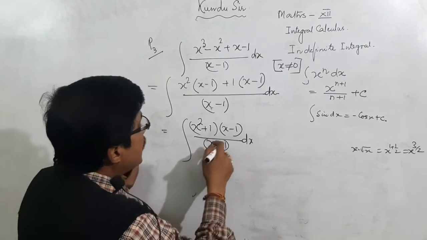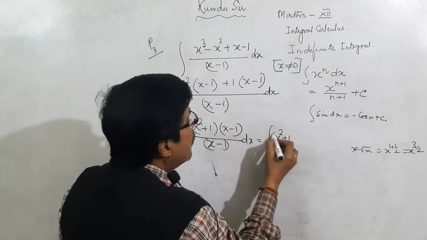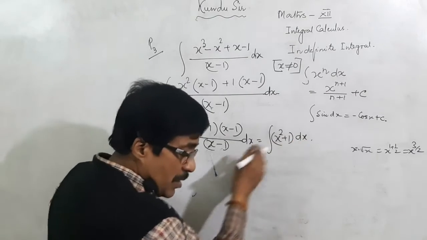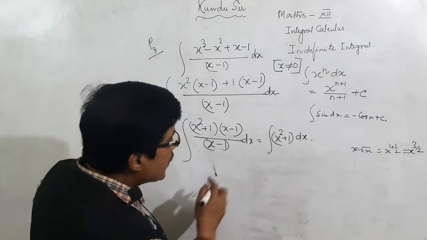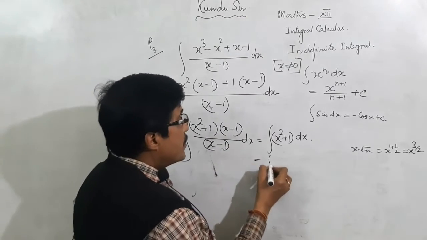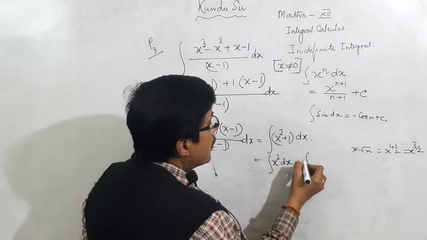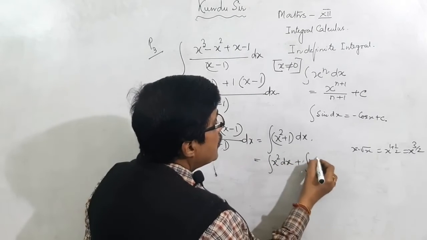So we write the integral of x square plus 1 dx. There are two integrals: one is x square dx and the other is 1 dx.